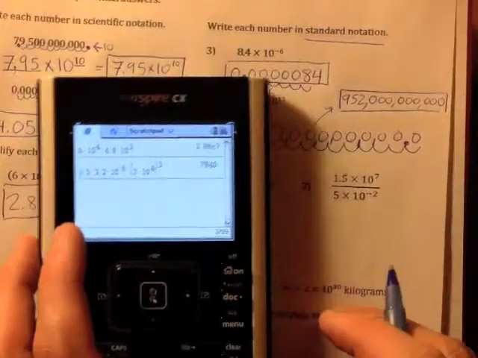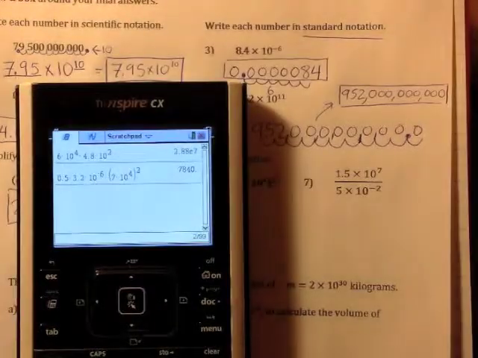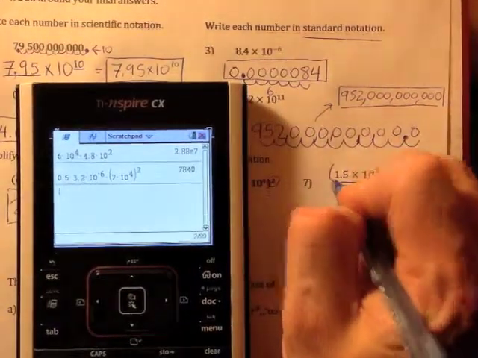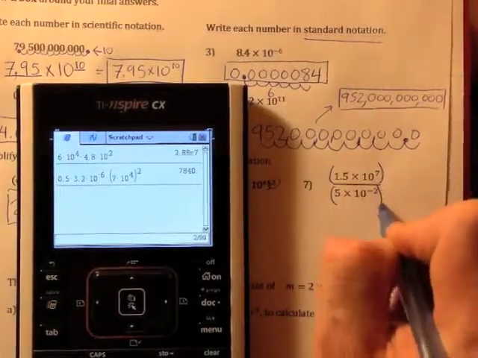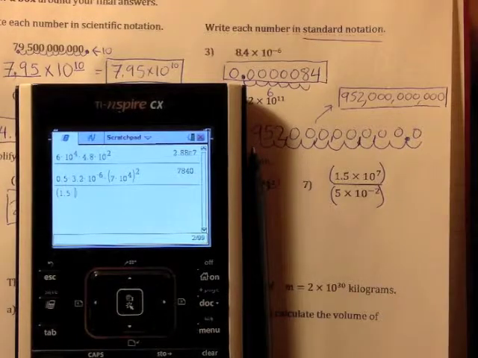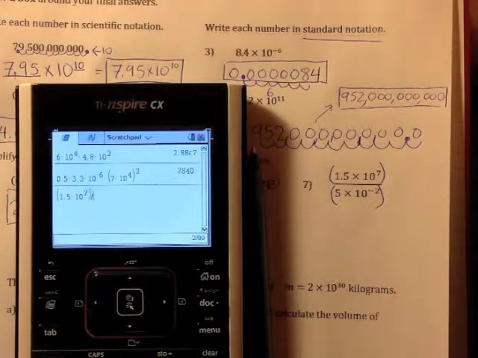Now, the last one, we are asked to do a division problem. And so we need to be careful. We need to make sure to wrap everything in the top in parentheses and everything in the bottom in parentheses. Okay? So, in parentheses, 1.5 times 10 to the 7th power. Get out of the parentheses, divide.